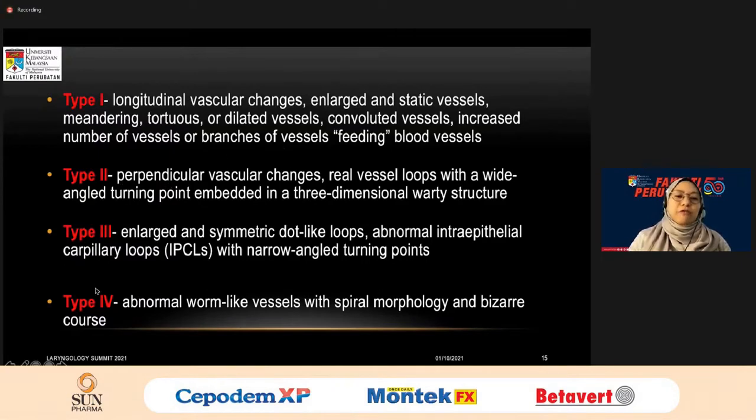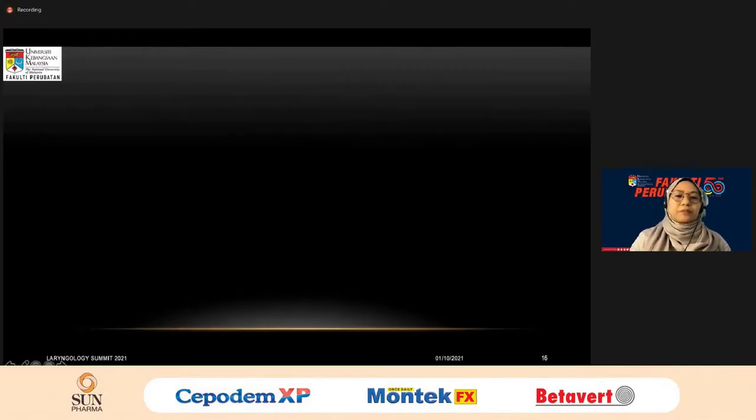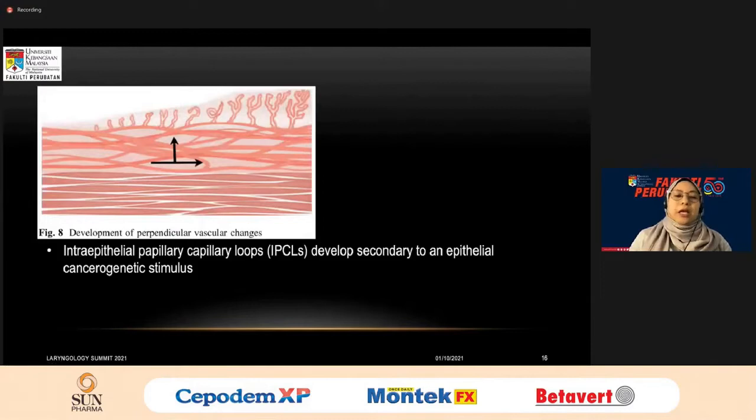Whereas for types 2, 3, and 4, we are talking about perpendicular vessels, which I'm going to show in this diagram. The perpendicular vessels, also known as intraepithelial papillary capillary loops or IPCL, develop secondary to epithelial carcinogenetic stimulus. As you see in this diagram, when there is a warty lesion, there is a feeding vessel from the base. This is called a perpendicular vessel.